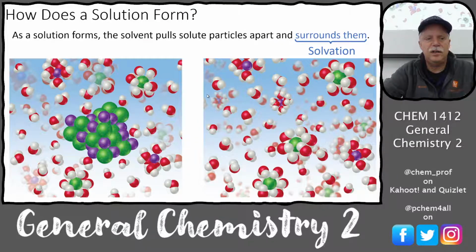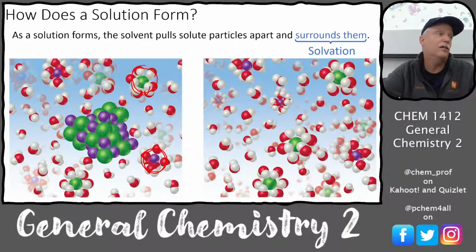So you can notice that this beautiful little cubic crystal has been torn apart. And so some of those sodium ions have been surrounded by the water, and the chloride ions have been surrounded by the water, and the crystal's dissolving. And so here it's completely dissolved. And now you see that the solute particles, in this case, these are ions. So this is a chloride ion, a Cl minus.